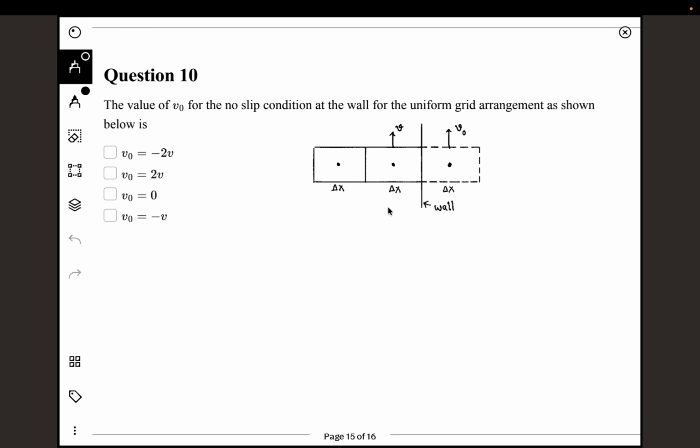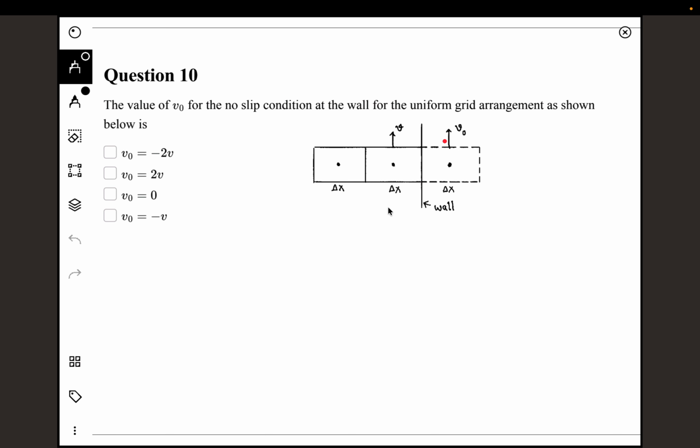The value of V naught for the no slip condition at the wall for the uniform grid arrangement as shown below is. So this is slightly different. When we were solving last week, we did the half cell method. When we wanted to treat the boundary, we only integrated for this half cell. There is another way to go about it: you take a ghost cell, like add one more node.